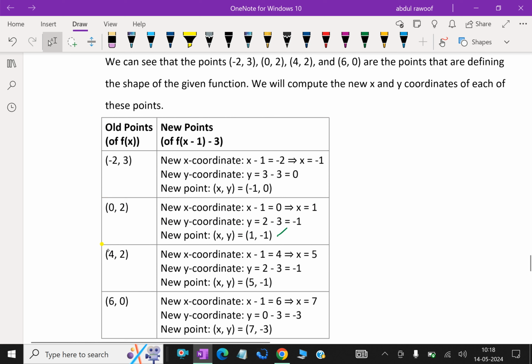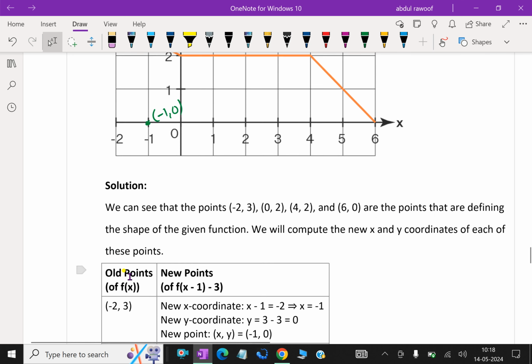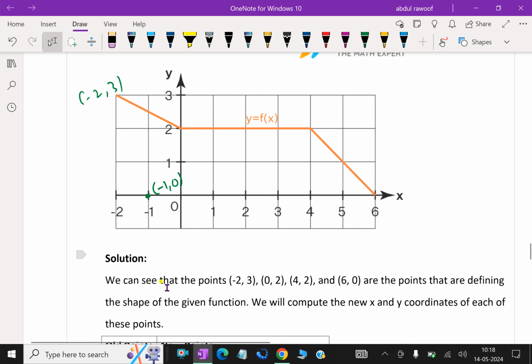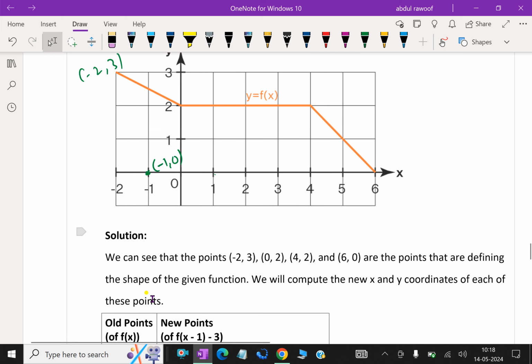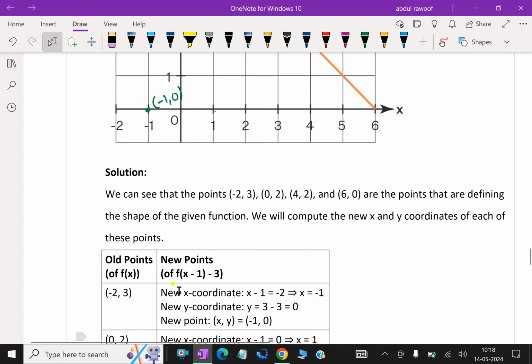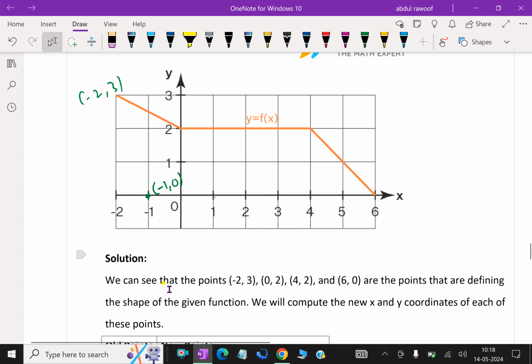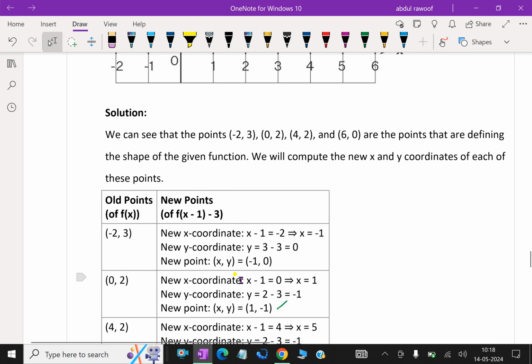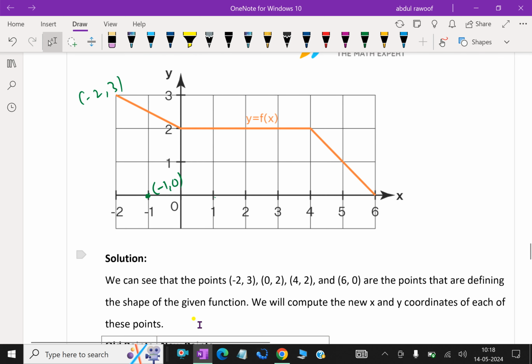So the second point is (1, -1). The first point is (-1, 0), and the second point is (1, -1).